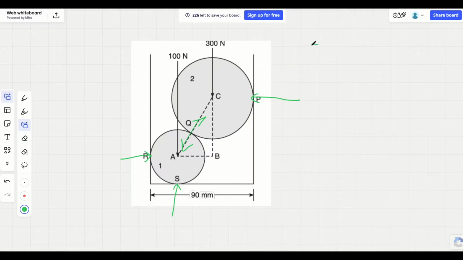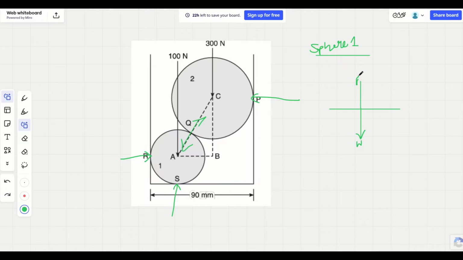For sphere 1, the weight of the sphere is acting downward, that is weight. I will draw the quadrant system for this.